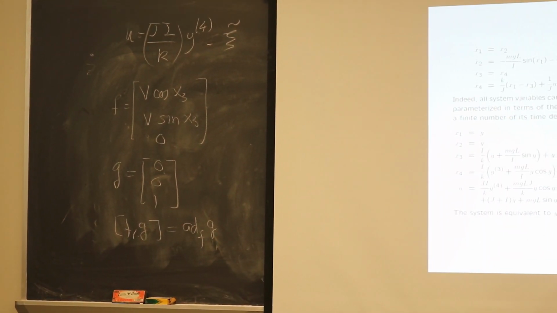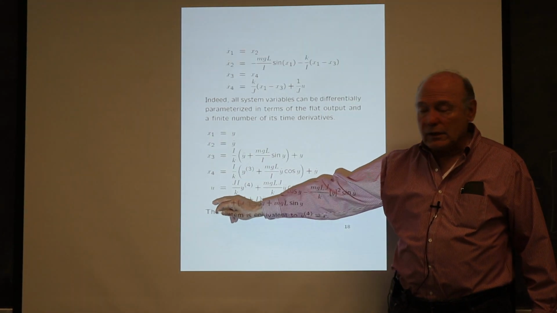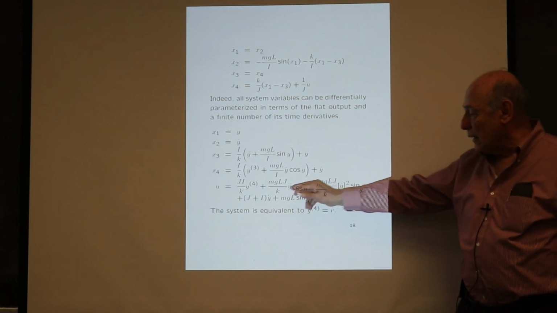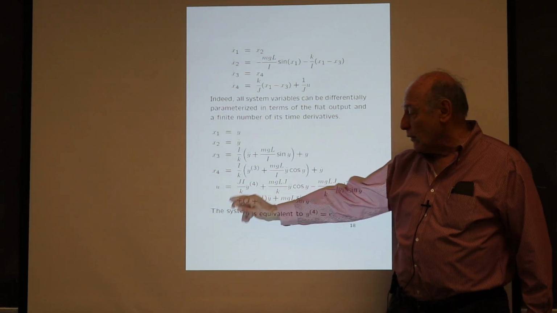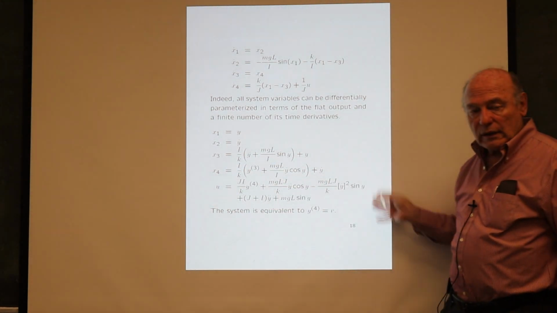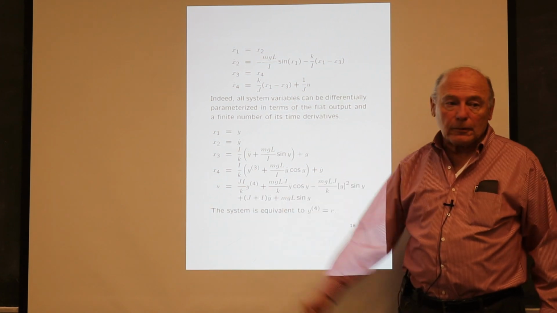But if you are interested in canceling all those nonlinearities, you can also do it from this control. You redefine your control in terms of all these nonlinearities and a new input variable v, and v will be just a chain of integrators, because you destroy these nonlinearities by canceling them from the control input.